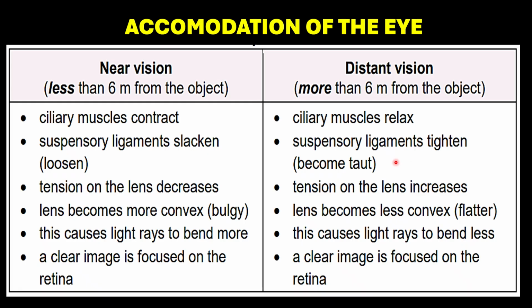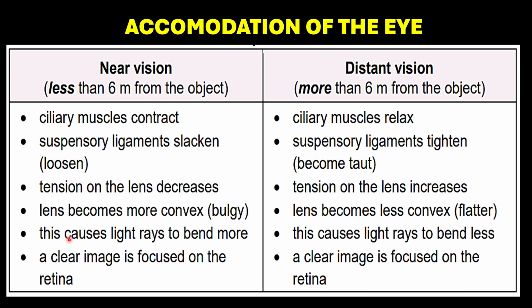These are the only ways acceptable to use in exams. And then what happens to the tension on the lens? The tension on the lens becomes less or decreases. And here, the tension on the lens increases. Over here, the lens becomes more convex. The lens still remains convex, but here the lens becomes bulky, and here the lens becomes flatter.